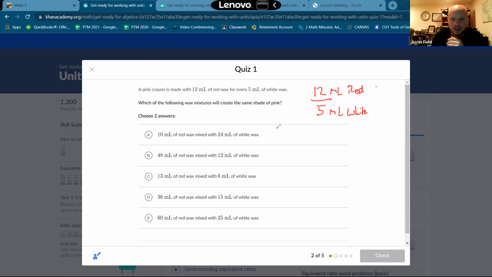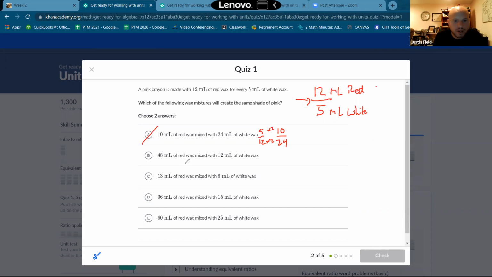Yeah, so this is like this. As you can see, the 12 is on top in our given information, and the 24 being on the bottom. That would work if our original ratio had been 5/12 and we were multiplying by 2. But our original ratio is 12/5.